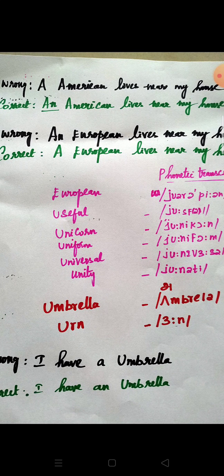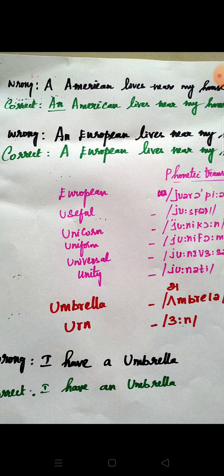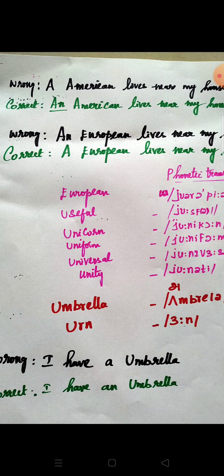See here. Here the wrong sentence is "A American lives near my house." The correct one is "An American lives near my house." So what is the error here? Listen, this is an error in articles. The first sound of the word American is a vowel sound.